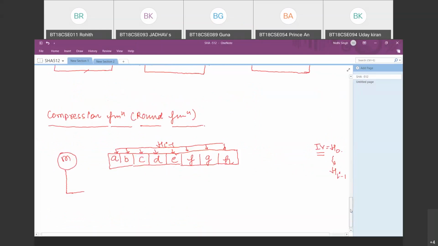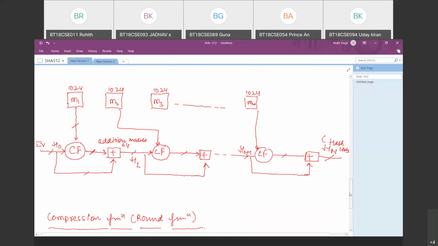Now one more thing: here my initialization vector is of 512 bits and my message size is 1024 bits. So there should be a need for a compression function. First we need to convert my 1024 bits into 512 bits, because my output is again 512, and that's why we call it SHA-512.